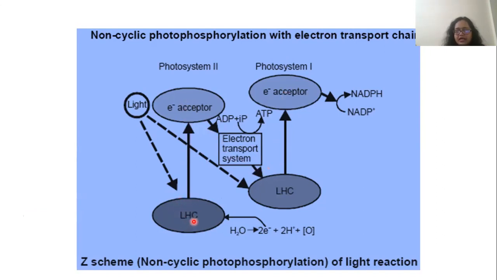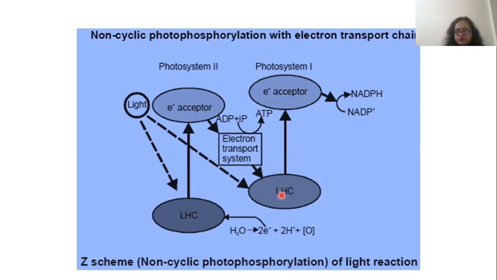LHC, meaning light harvesting complex. In this case, it is P680 of photosystem 2. It gets excited by photons of light and releases an electron, which is accepted uphill by the electron acceptor, and then it travels downhill through the electron transport system to photosystem 1, which is P700.